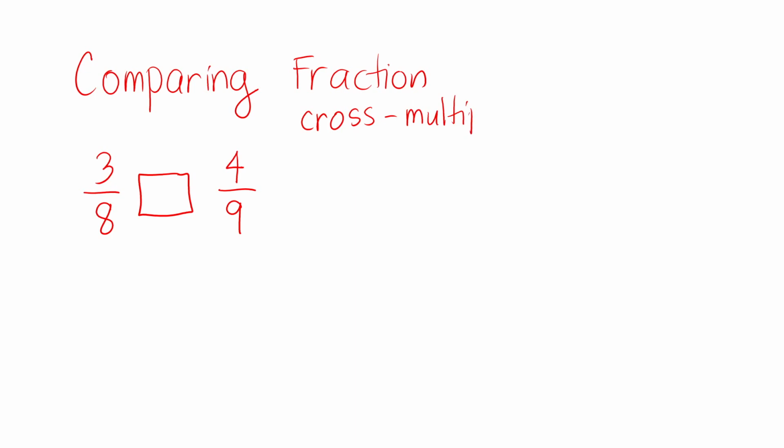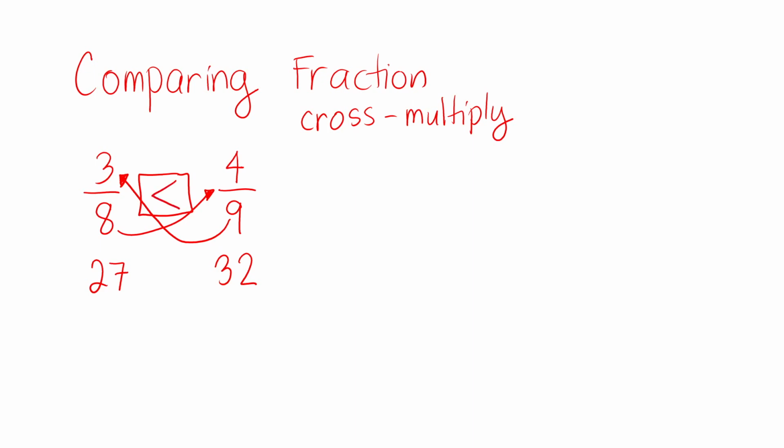Cross multiply. Very good. Meaning, I multiply 9 by 3. How much is 9 times 3? 27. Then I multiply 8 by 4. How much is that? 32. Which is bigger, 27 or 32? 32.